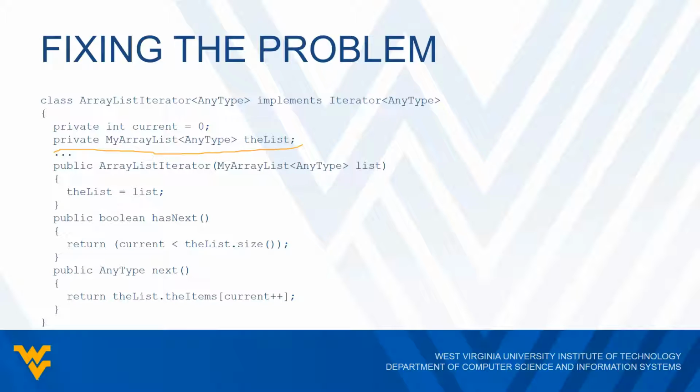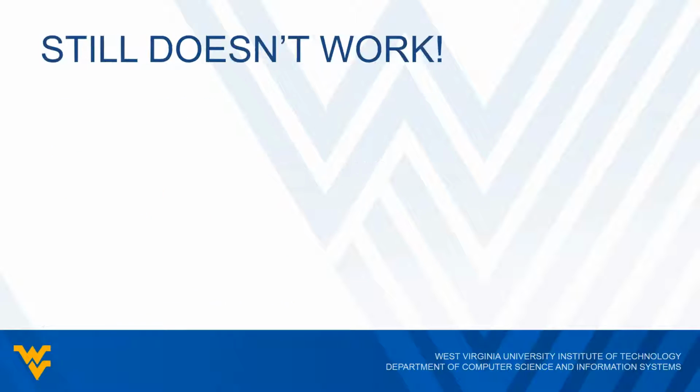So our constructor for ArrayList iterator is passing an object of the myArrayList class, and we're going to store that in the list. So now we can try to use the methods and variables from the list object. In our hasNext method, we're going to do the list.size here, and then we're going to have the list.theItems current plus plus in our next method.